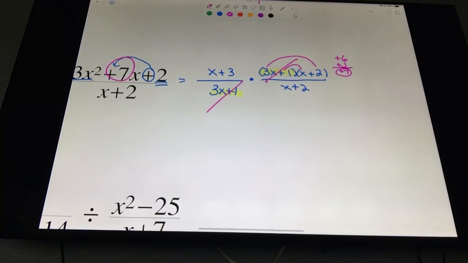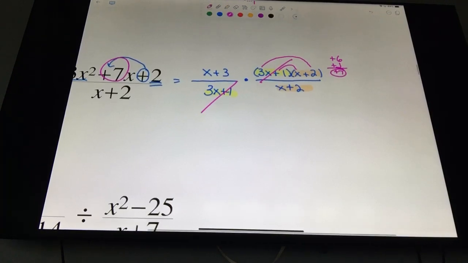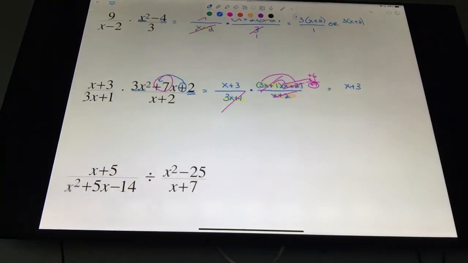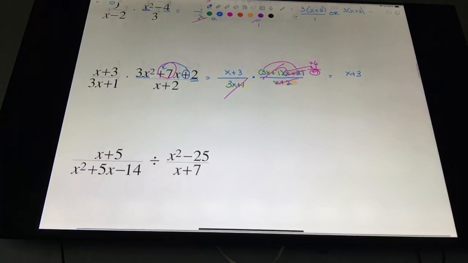So those are gone. And these are alike. So those cancel, leaving me just x plus 3. So you're factoring and you're canceling, and you're factoring, and you're canceling.